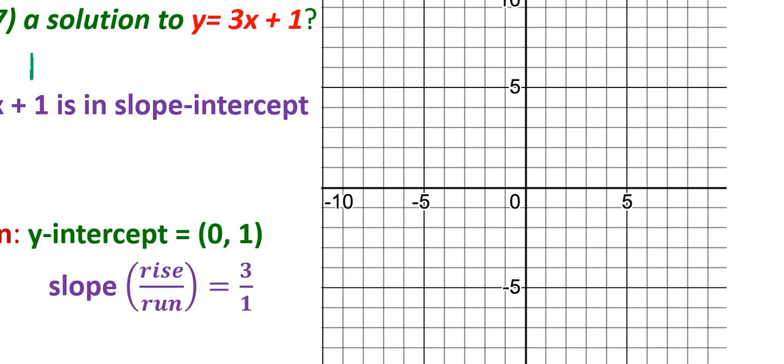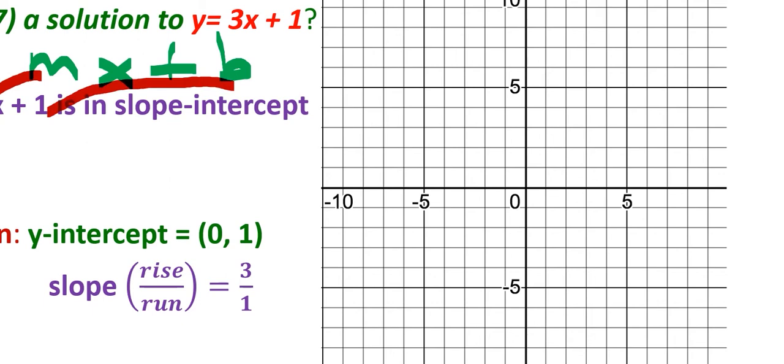Y equals mx plus b, where m is the slope and b is the y-intercept. So we know the y-intercept is 0, 1, and our slope, the rise over run, is 3 over 1.